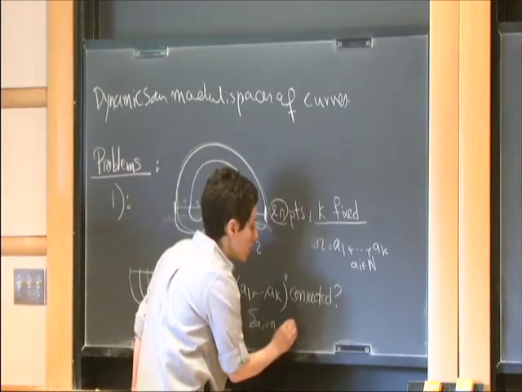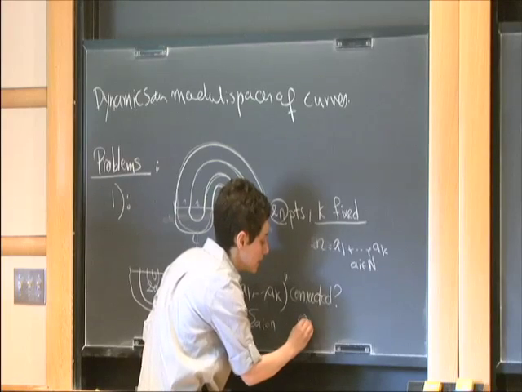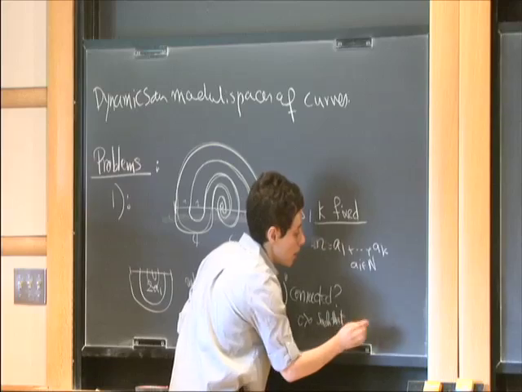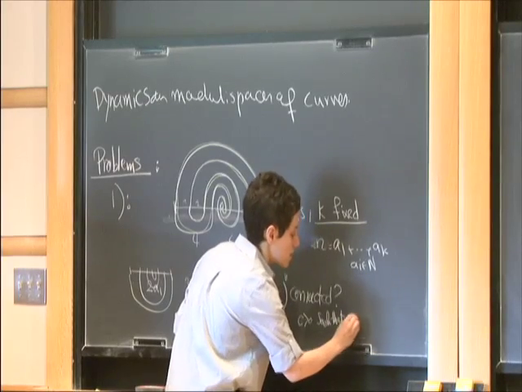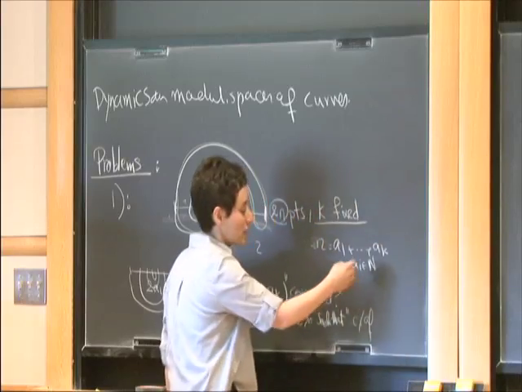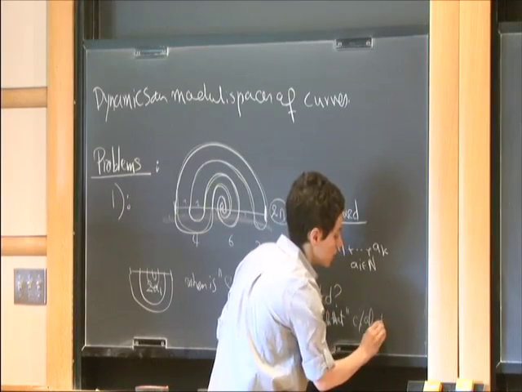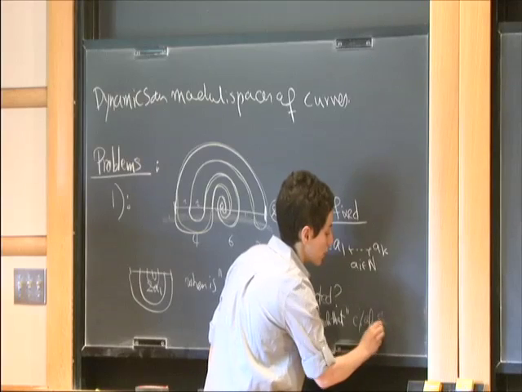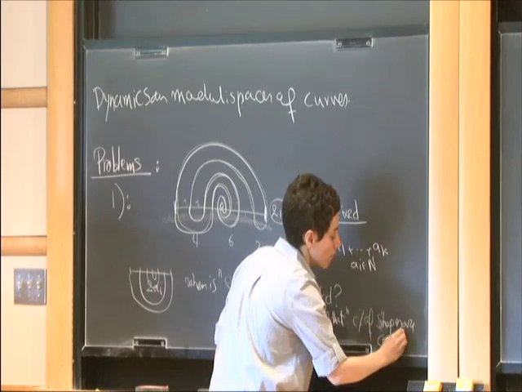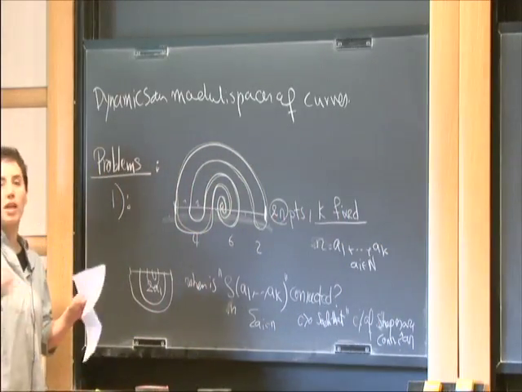Is there some percentage C such that, as n goes to infinity, these shapes are connected, or what happens as n goes to infinity to all these shapes?